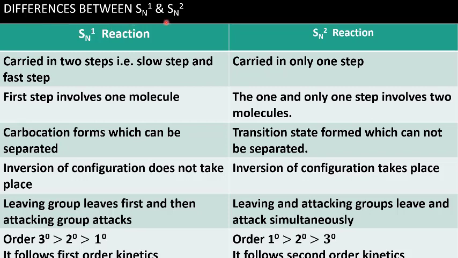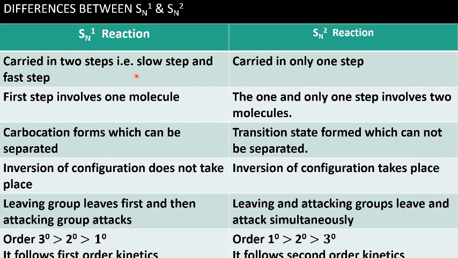Differences between SN1 and SN2. SN1 is the nucleophilic substitution unimolecular reaction. That is, the slow step involves only one molecule. SN2 is nucleophilic substitution bimolecular reaction, in which the first step involves two molecules.